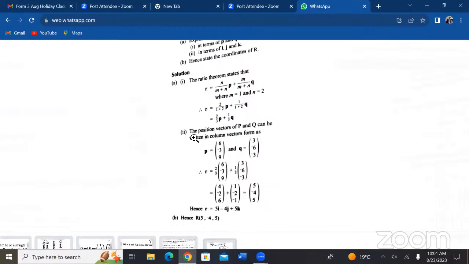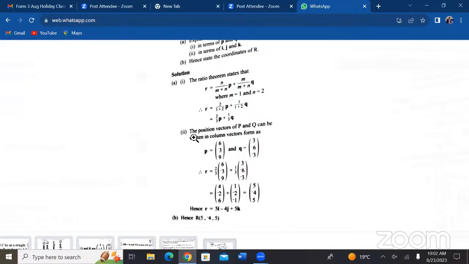If they are coordinates, it means we can create their position vectors, and having the position vector, we make it a column vector. The 6, the -3, the 9 from P will be representing X, Y, and Z. This is 3-dimension. The 3, the -6, and the -3 in Q will be written as 3, -6, -3 to represent X, Y, Z in the column.